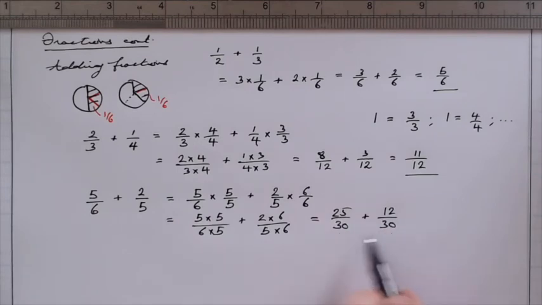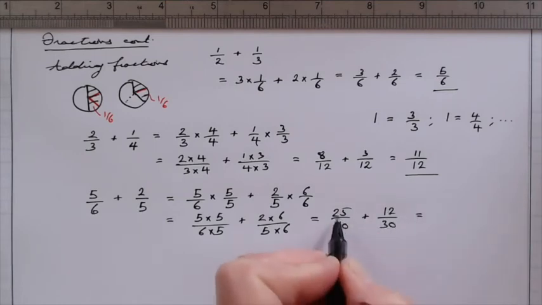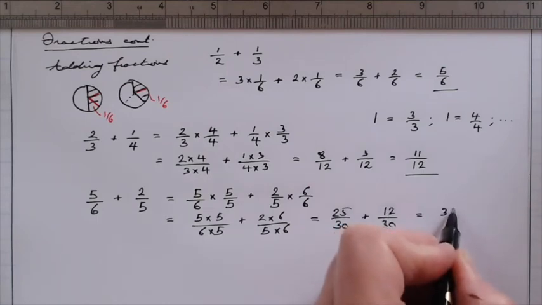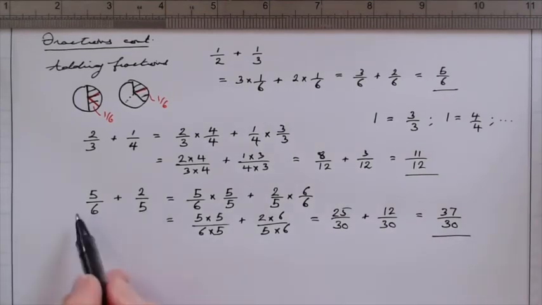I have the same denominator now, so I have 25 30ths plus 12 30ths, and that will be 25 plus 12 is 37 30ths, and that will be the answer to the fraction addition. So this really is the method of adding fractions.